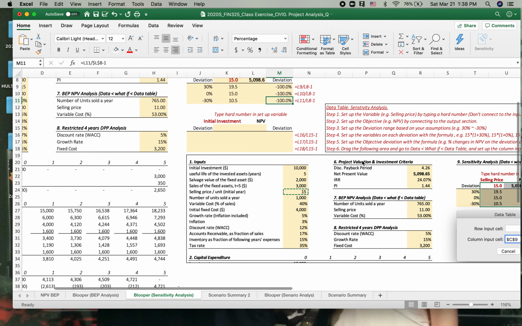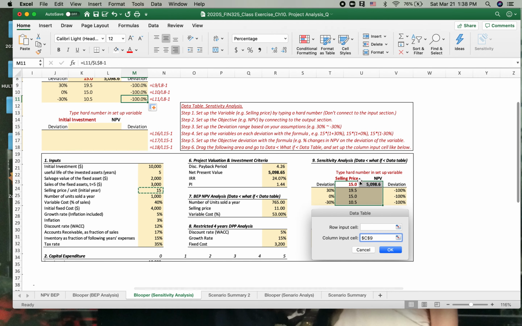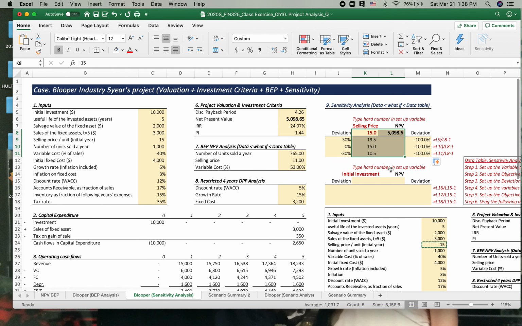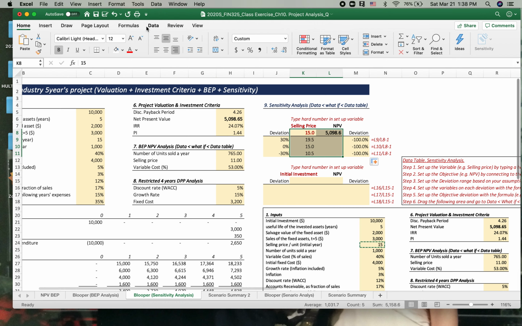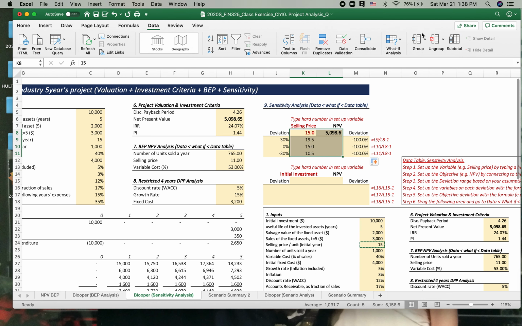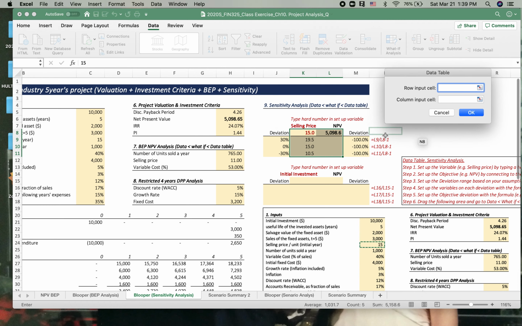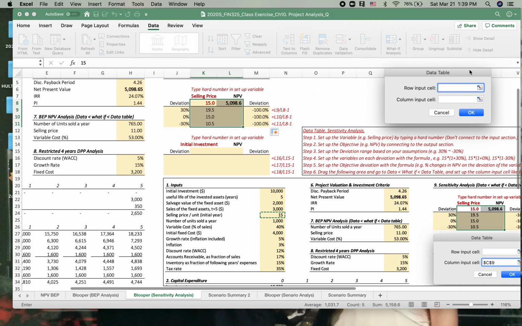The next step is now very easy. You can just drag this area, the selling price input section and the output section, which is NPV. So let's drag. And then Data, What-If Analysis, and Data Table. You have to be aware of this input part. Row input cell, we do not change the row input cell.